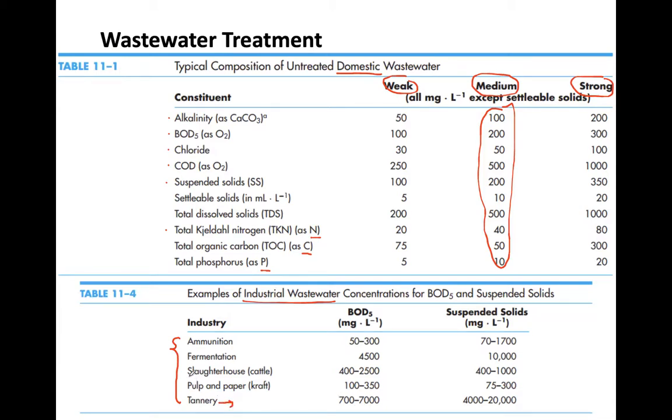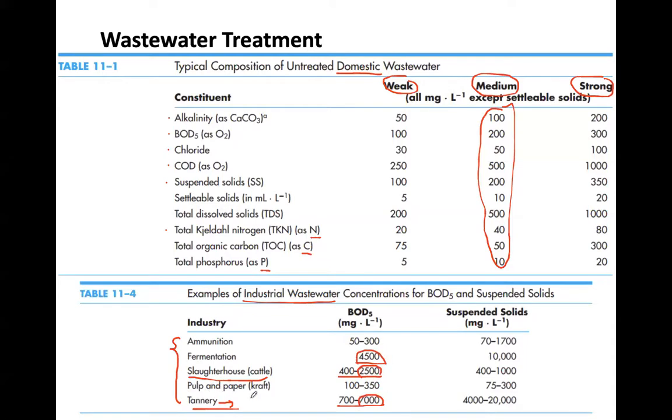So you can see that the slaughterhouse and the tannery, they can have very high BOD values, mainly because we're dealing with meat, right? So meat is full of organics. We have to dump it into the wastewater treatment or the wastewater stream. And fermentation is pretty high as well.